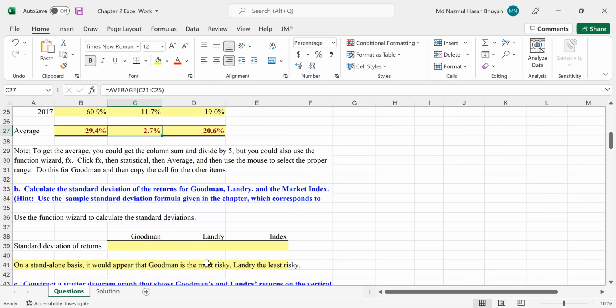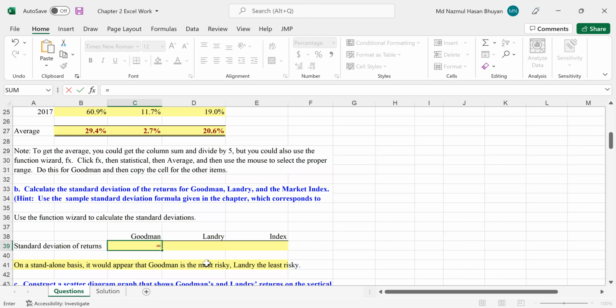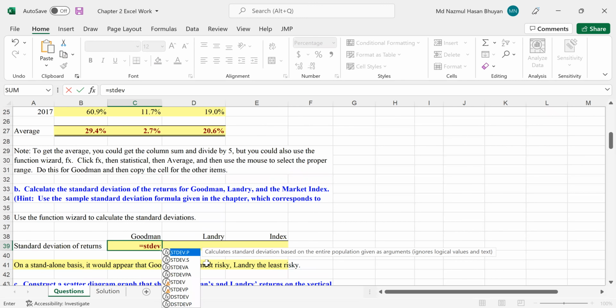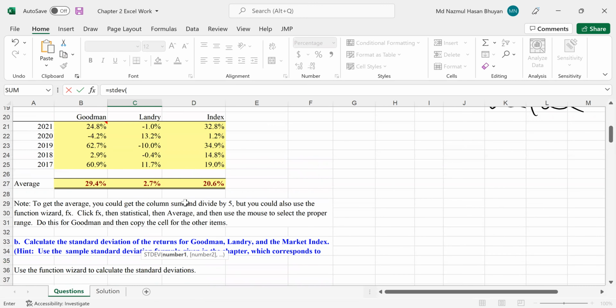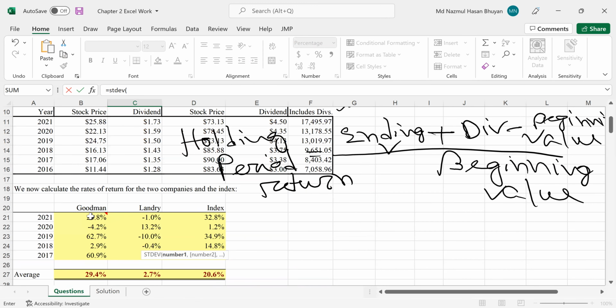In the next step, we are going to calculate volatility of the holding period returns for a particular company. And then one of the measures of the return volatility is standard deviation. The formula for standard deviation is STDEV, and then choose the return series for which you want to calculate the standard deviation.